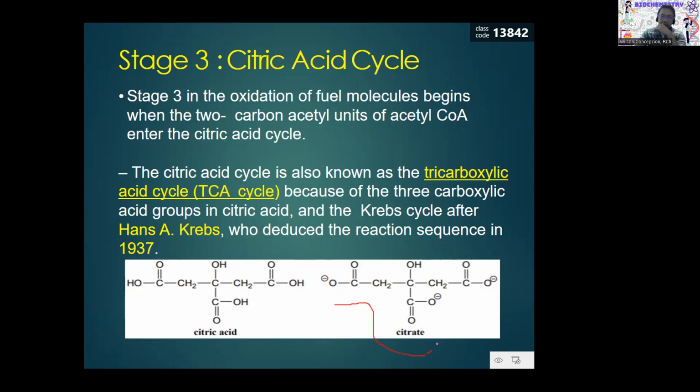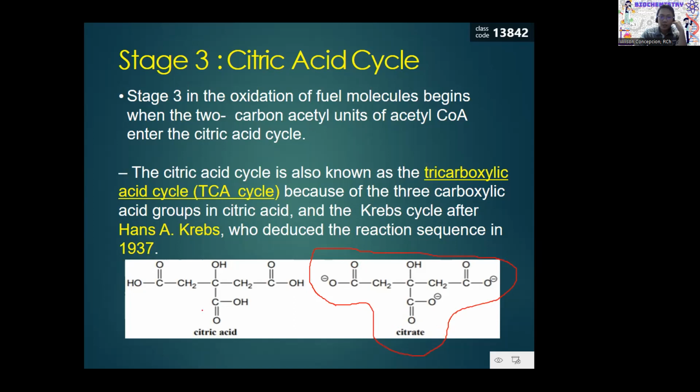Citrate. What is citrate? The acetyl-CoA will be converted into citrate first. That is the first step in this cycle, the citric acid cycle. So magiging citrate siya.